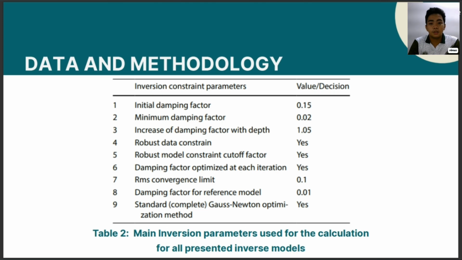These parameters were carefully selected to optimize the balance between model smoothness and data fit. The inversion was performed using the standard Gauss-Newton method, with RMS errors ranging from 5 to 21%, indicating reliable model convergence. Overall, the table provides transparency on how the resistivity models were computed and validated.